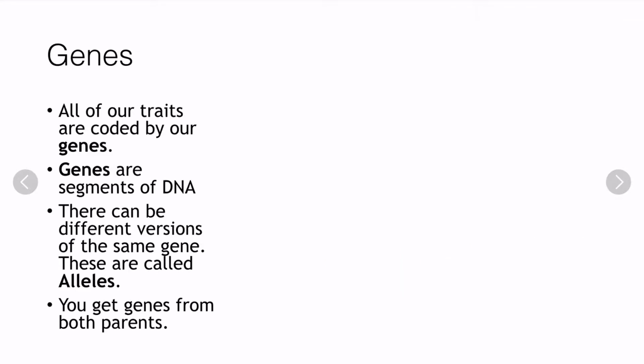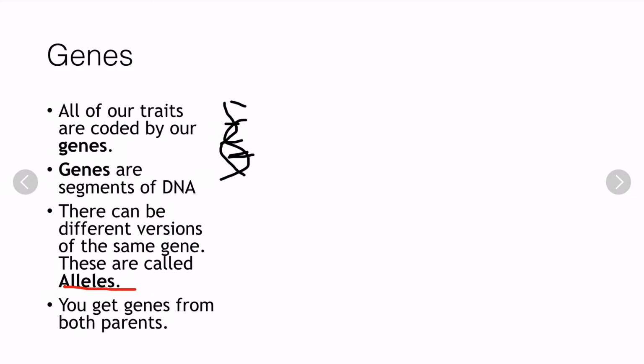Genes, nothing but genes. All of our traits are coded by genes, and genes are just little segments of DNA, right? And there can be different versions of the same genes. That was my bad attempt at a segment of DNA. When there are different versions of the same gene, it's called an allele, okay? And you get genes from both parents.